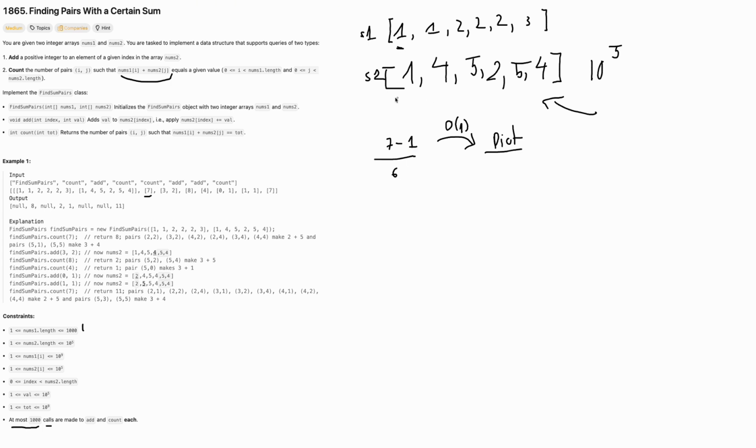Then somehow it suggests that we need to transform S2 into a dictionary using the frequency or something like that. If we use the frequency, of course we have the frequency of 1 equal to 1, 4 equal to 2, right? And the frequency of 5 is 2, and 2 is 1.